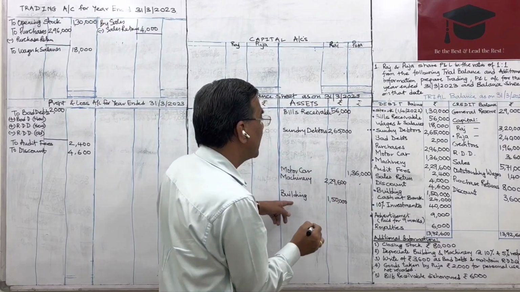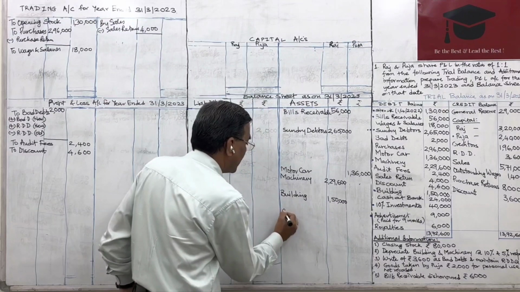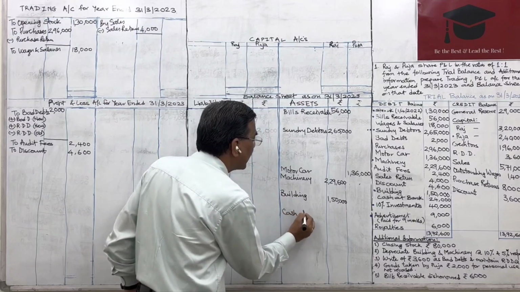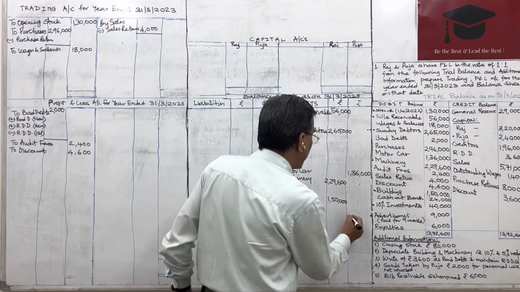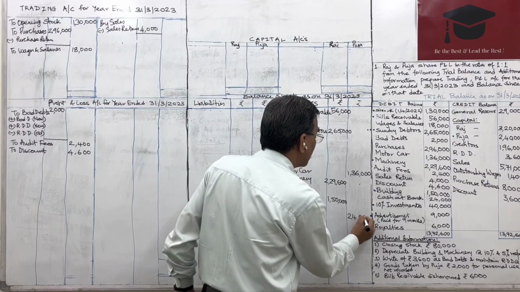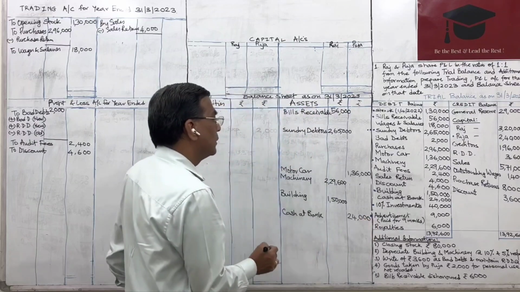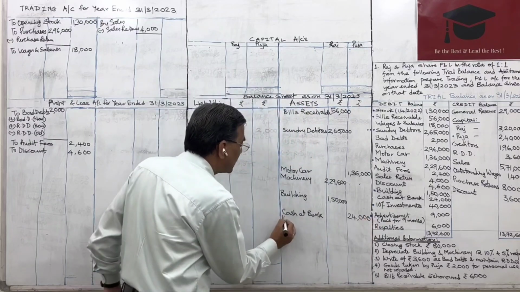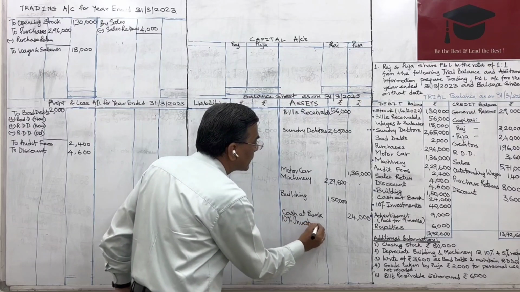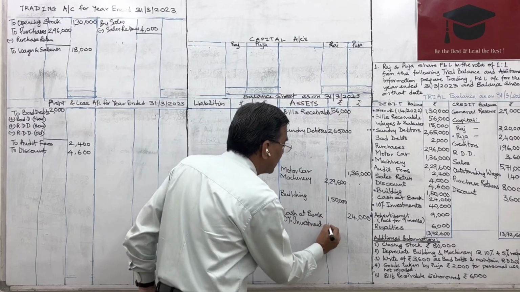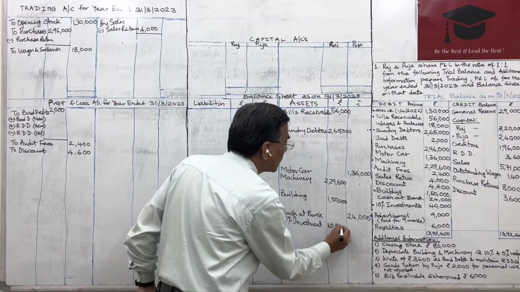So we complete with building. Next, cash at bank, balance sheet asset side 24,000. Investments, balance sheet asset side in a column because it has a percentage sign in front of it, 40,000.